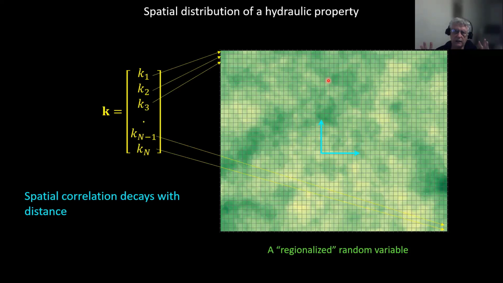Geological media aren't like that. So that implies we've got some kind of spatial correlation here, that there's a statistical dependence between K in one cell and K in the next. It also implies that that statistical dependence decays with distance. So can we build that into an expression that'll make construction of this CK matrix easier?